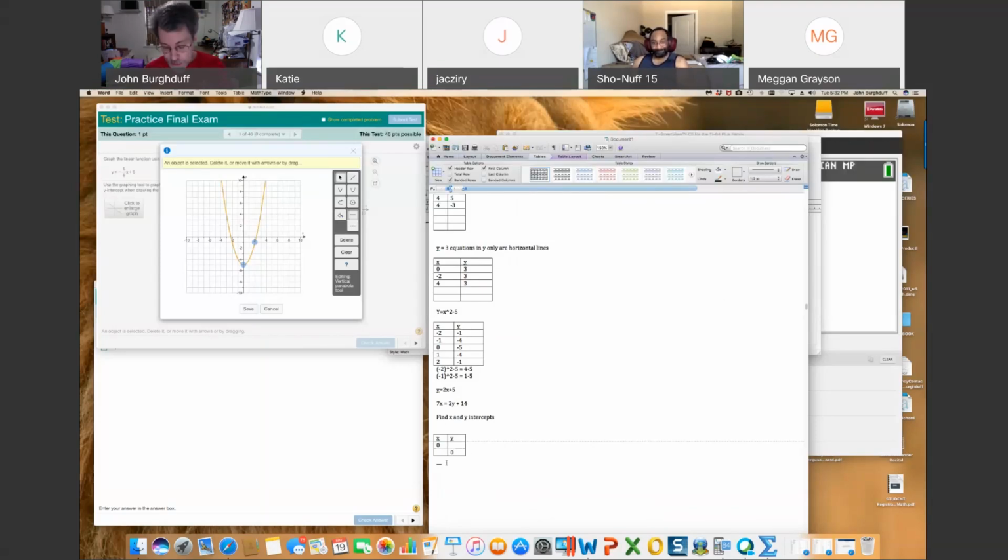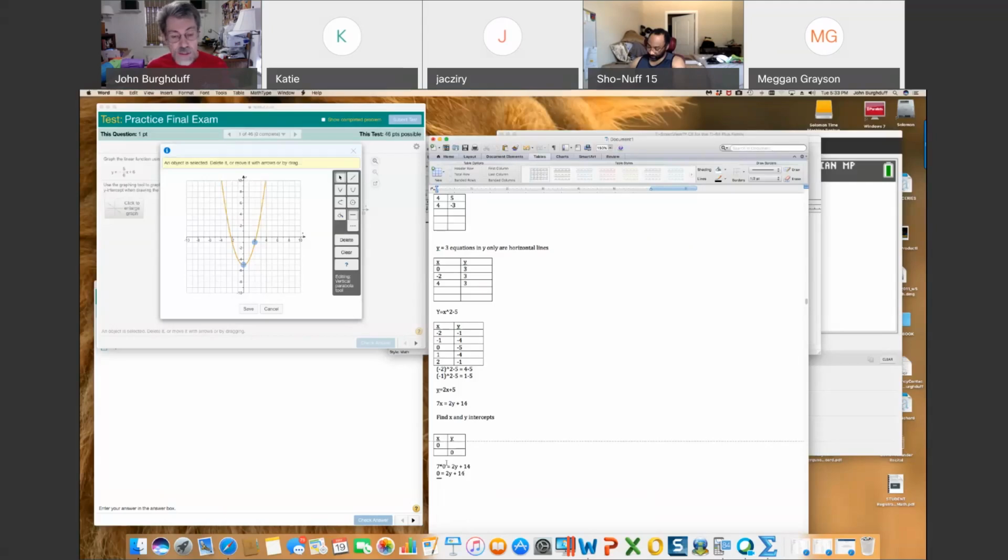Now, if you plug in 0 for x, your equation becomes 7 times 0 equals 2y plus 14. The left side of that equation just becomes 0. So 0 equals 2y plus 14. Now we solve for y, which you might even do in your head.